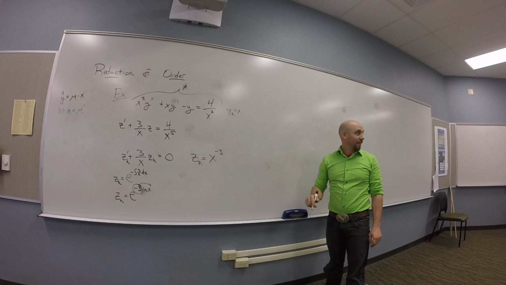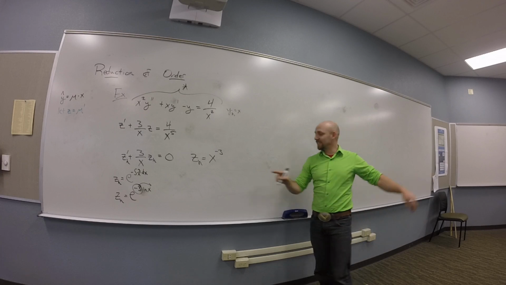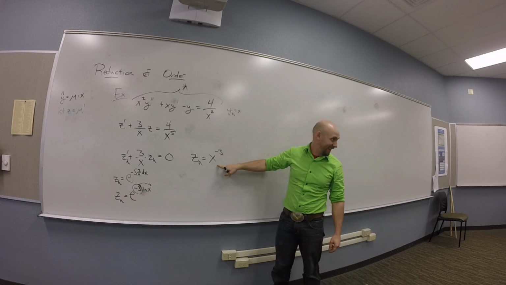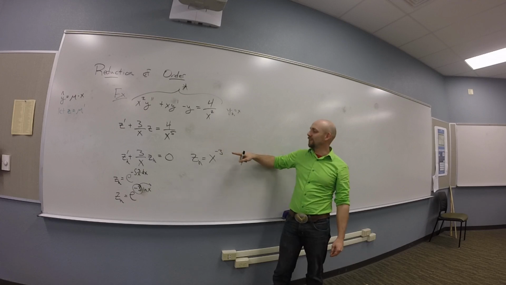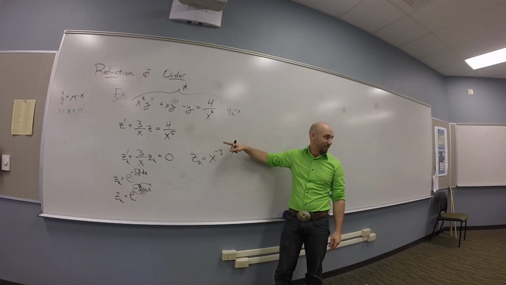Then back into our variation of parameters. Remember this is z homogeneous, so we plug it back in, not z. You need to use variation of parameters to solve this part.